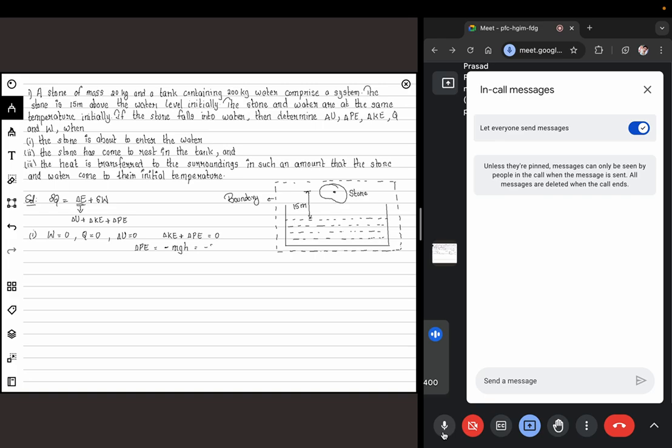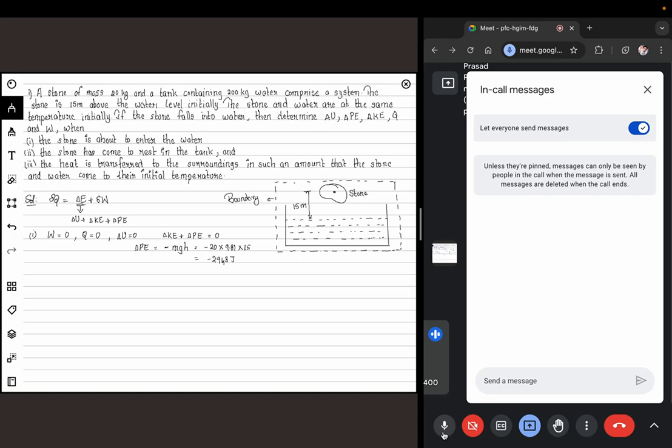The stone mass is 20 kilograms, g you can take to be 9.81, and the height is 15 meters. This gives me around 2943 joules.